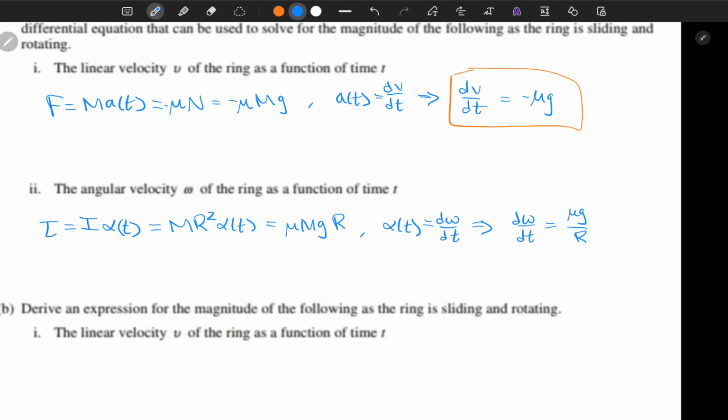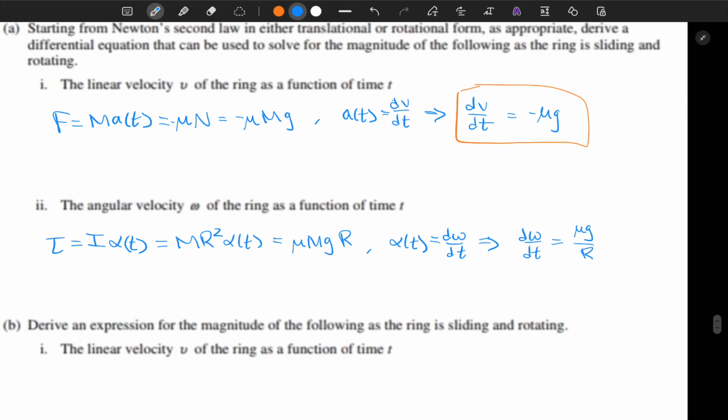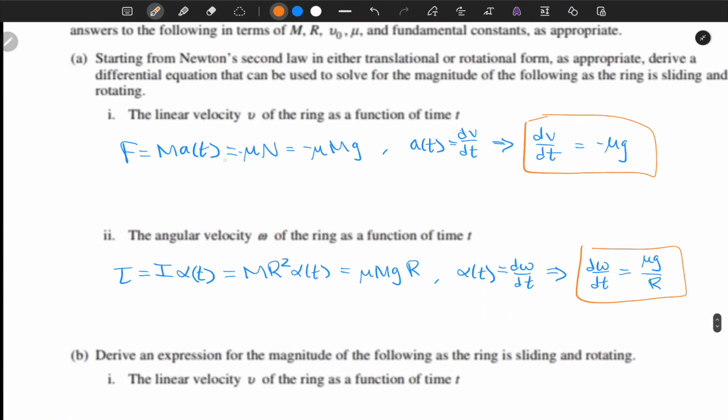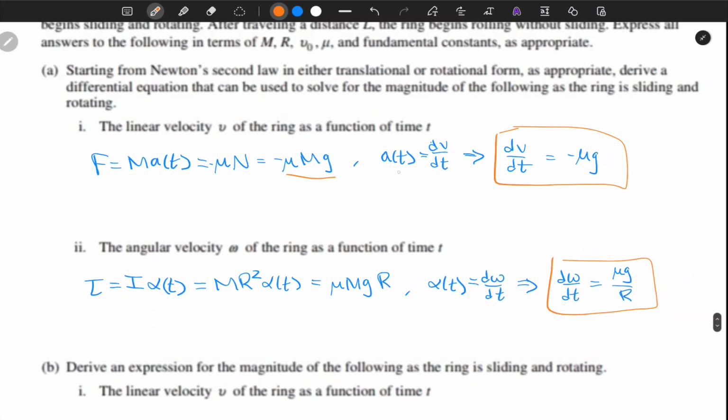As a note for 1 and 2, for 1, students get 1 point for using F is equal to ma, which is equal to the negative of the friction force. Students also get 1 point for knowing what the friction force is, the exact form as given here. And students get 1 point for noting this equation.